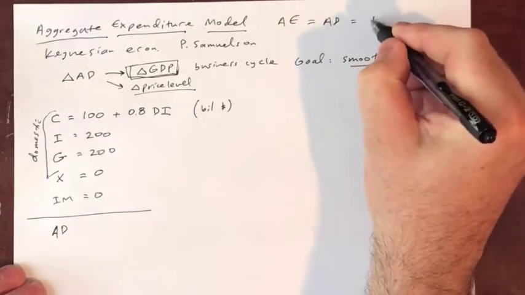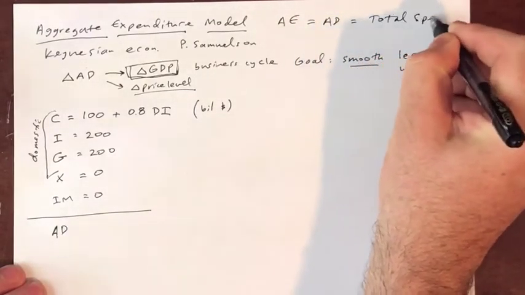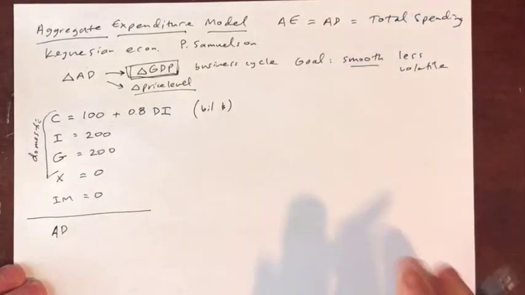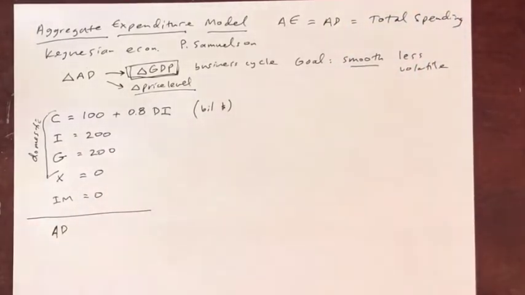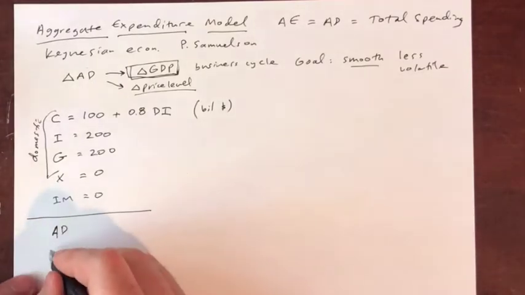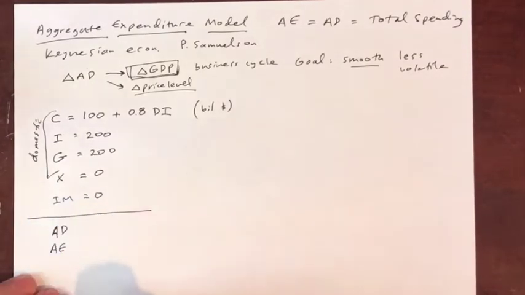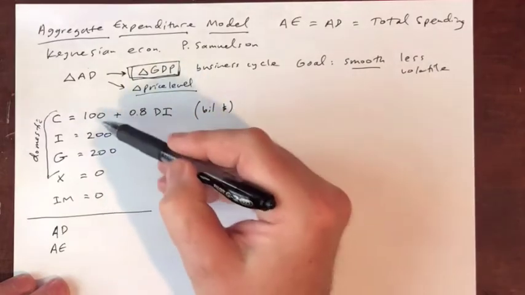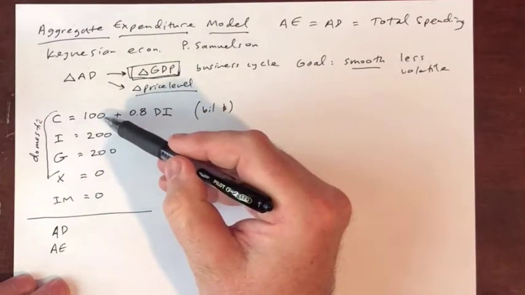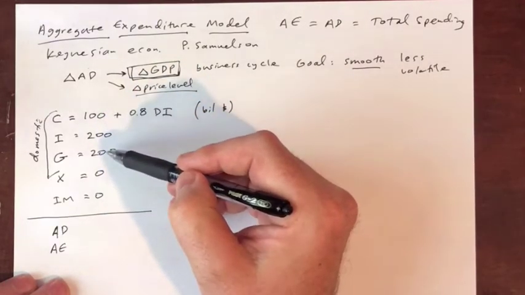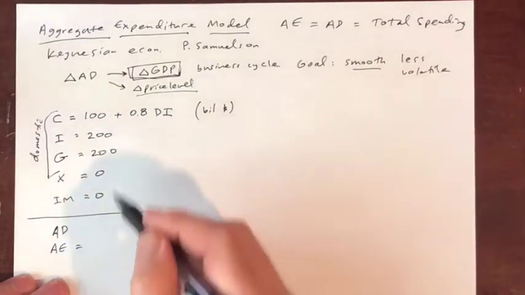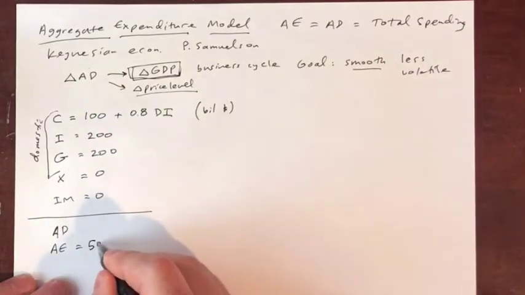These are different ways of saying total spending, and that's what we're after with Keynesian economics. It is spending that drives economic growth. So we're just going to add each one of these entries up: 100 plus 200 plus 200 gives us 500.